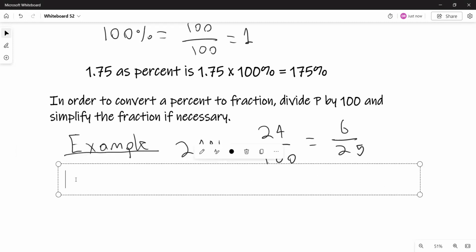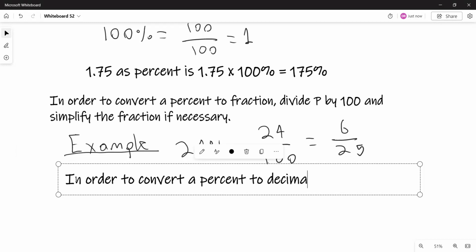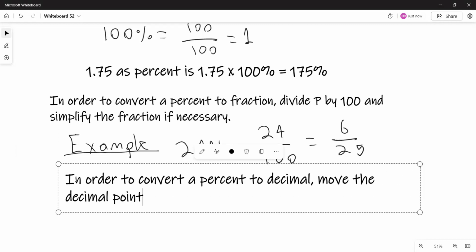If you want to convert a percent to a decimal, you divide the number as a percent by 100. So all you do is move the decimal point 2 places to the left.